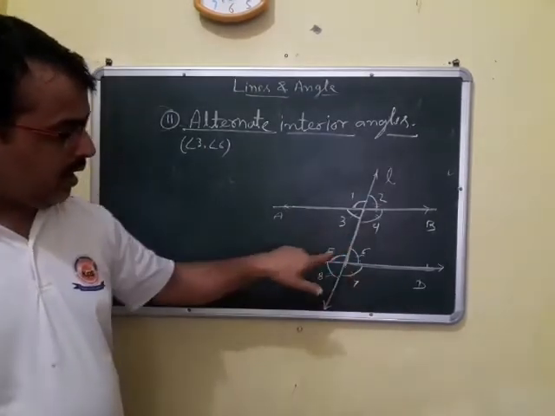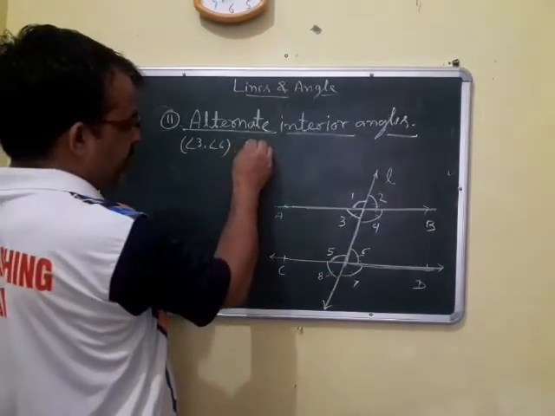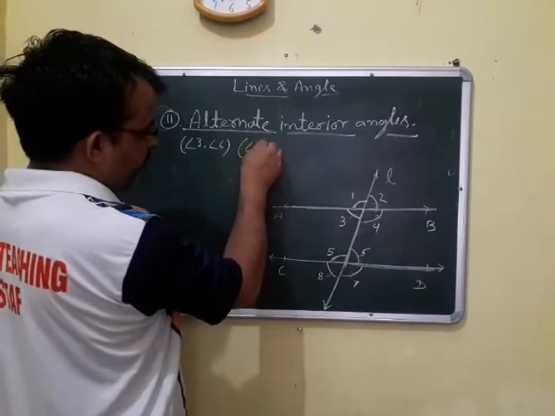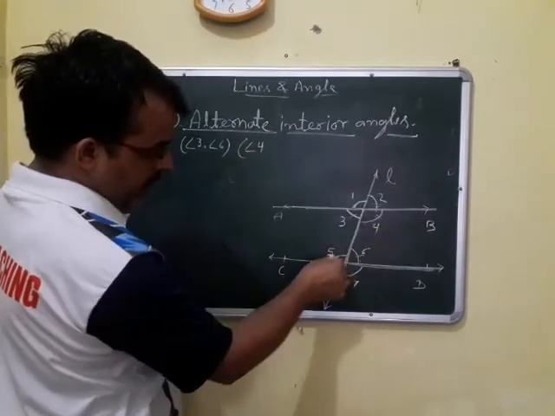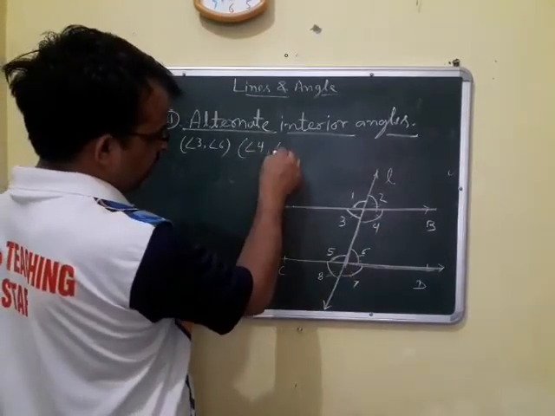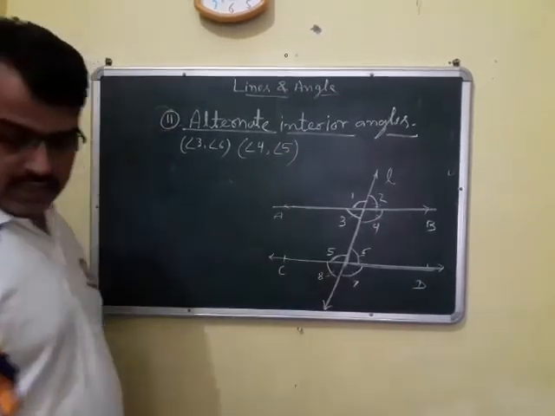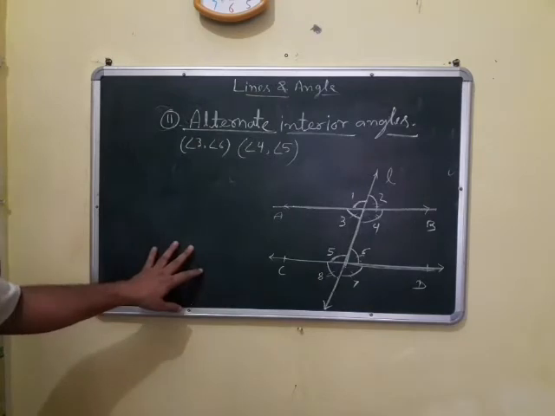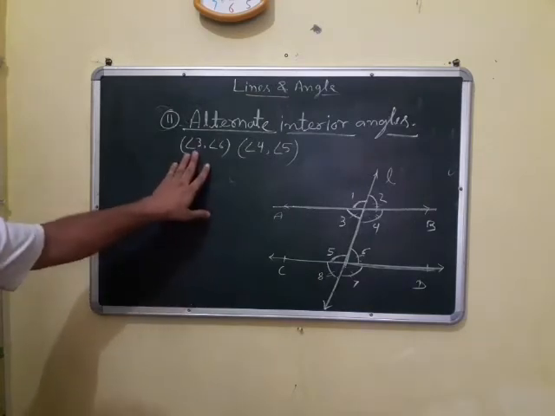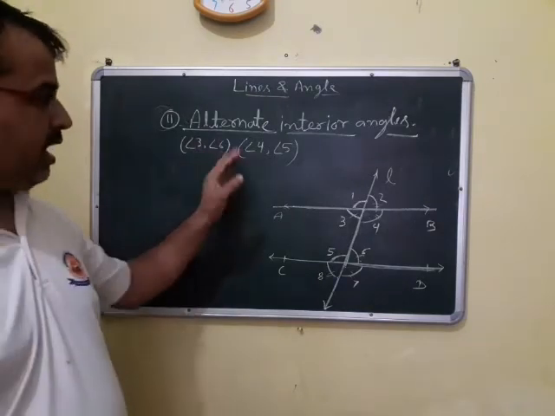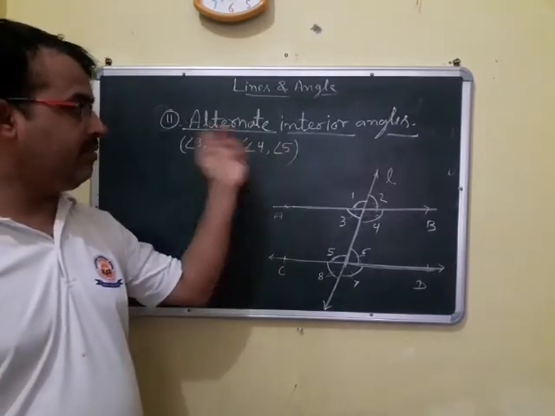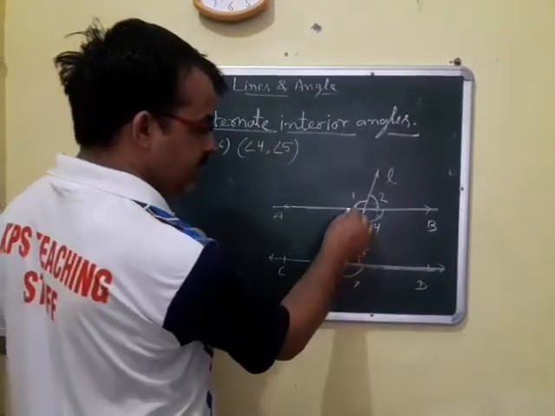Angle 4 and angle 5, this one is alternate. Clear? Alternate interior angles: angle 3, angle 6, angle 4 and angle 5. These are the alternate interior angles.